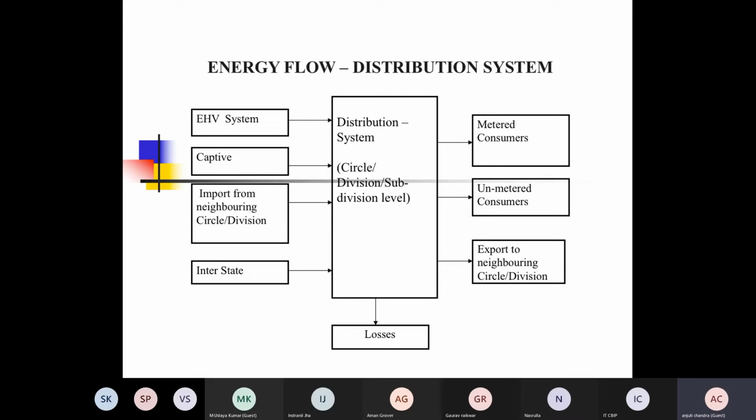Energy can come from the EHV system to the distribution system through captive power plants, or import from a neighboring circle or division, interstate, and it goes to metered consumers, unmetered consumers, and export to a neighboring circle or division. So the difference between the two is known as losses.